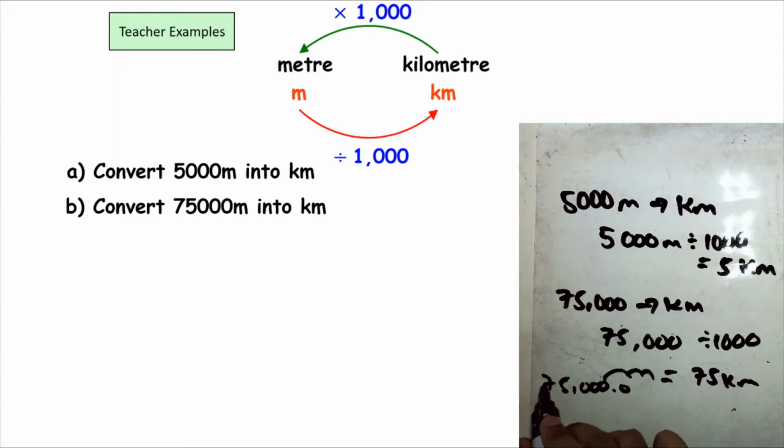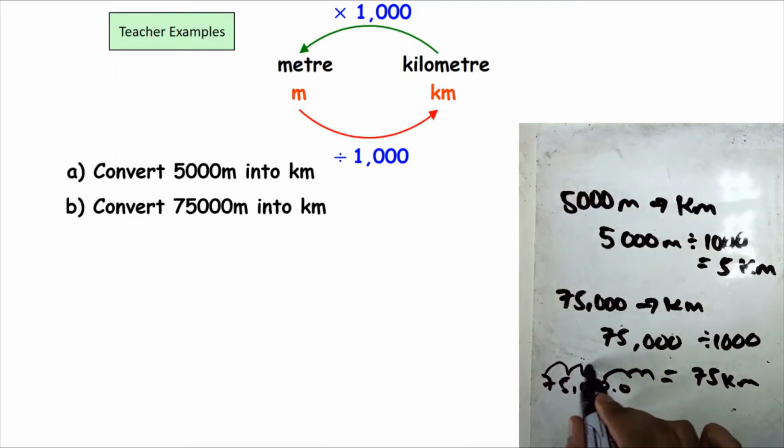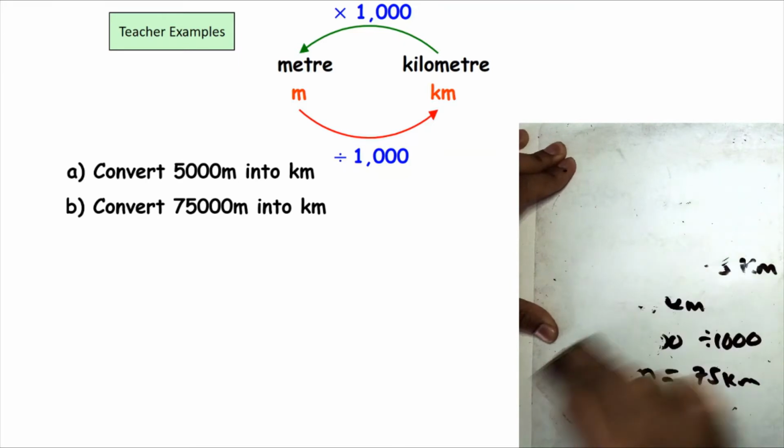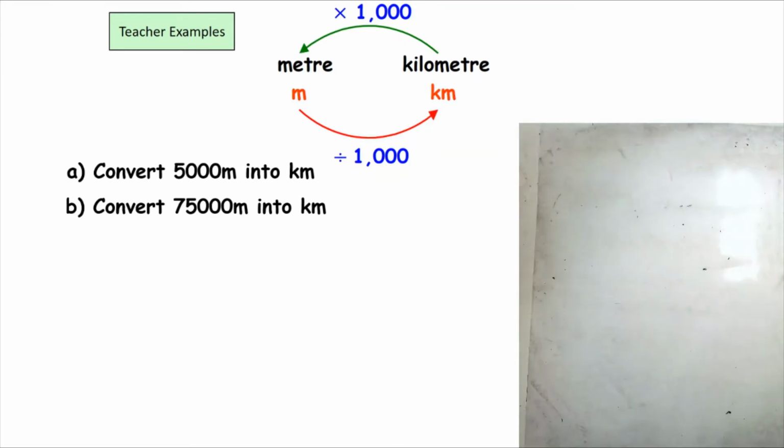This 7 that's in the 10,000 column will move back 1 into the 1,000, 2 into the hundreds, and then 3 into the tens column, and that's why we get 75. Alright, good. We will move on now to the opposite way.